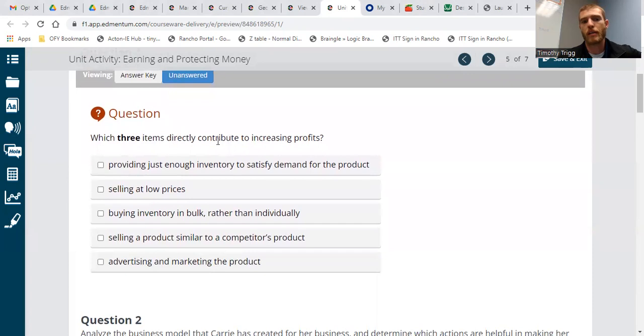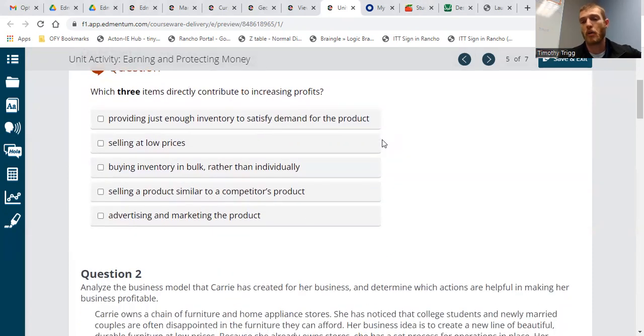Which 3 items directly contributed to increase profit? How do we increase profit? We increase revenue and we decrease costs. Providing just enough inventory to satisfy demand for a product: yes, this is true. This is called just-in-time inventory.